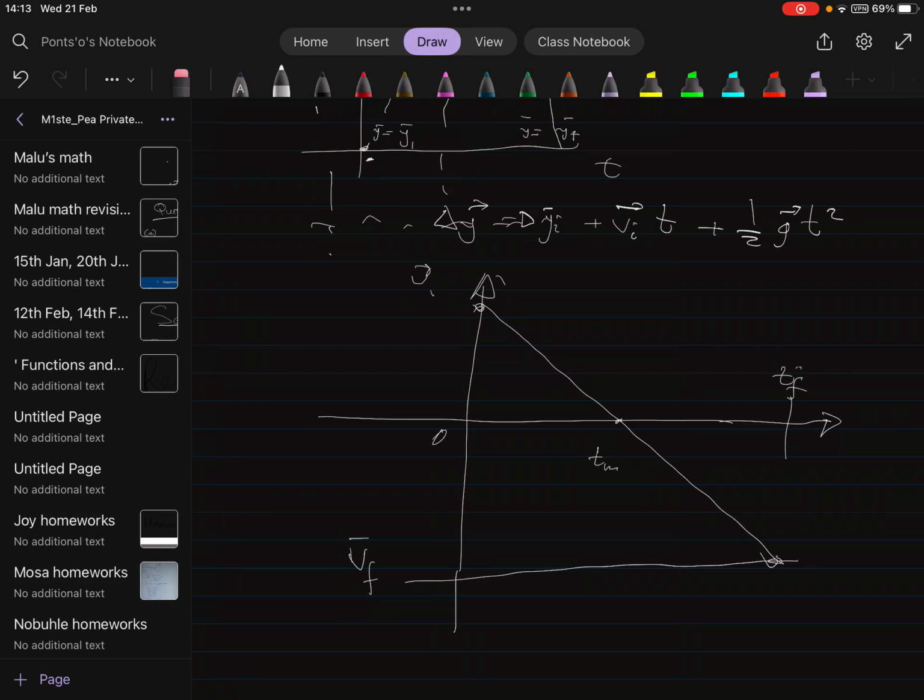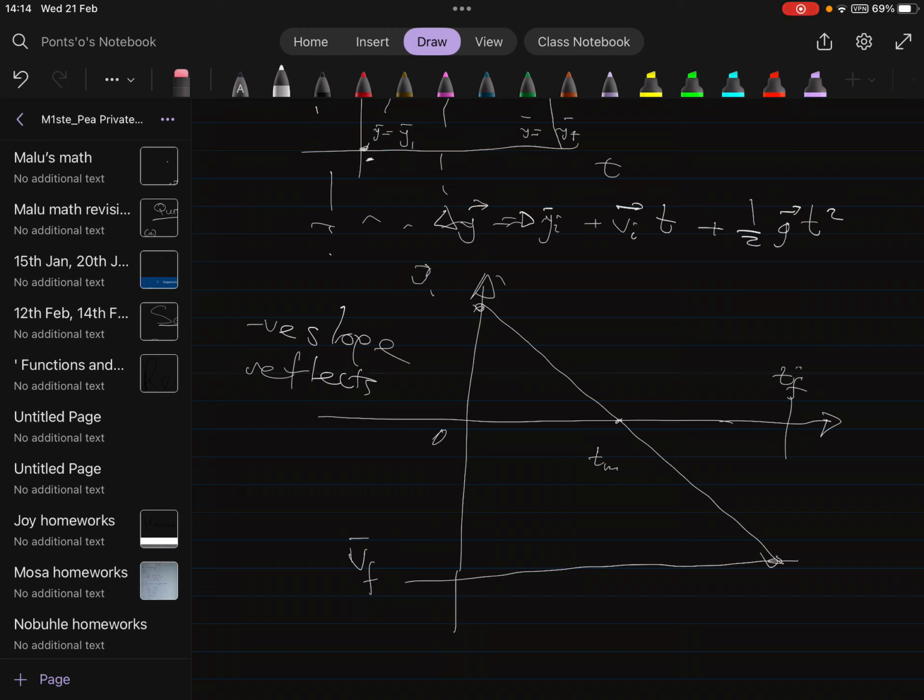So if we choose upwards as positive, then the acceleration due to gravity will be negative. The slope, which is the coefficient of the time of the velocity versus time graph, is the acceleration, and the slope is negative, which is consistent with our expectation because our acceleration due to gravity is negative.